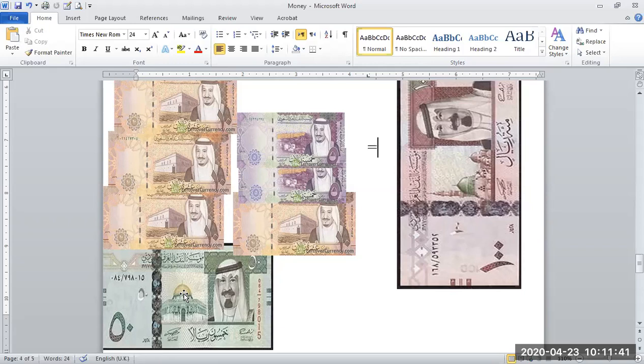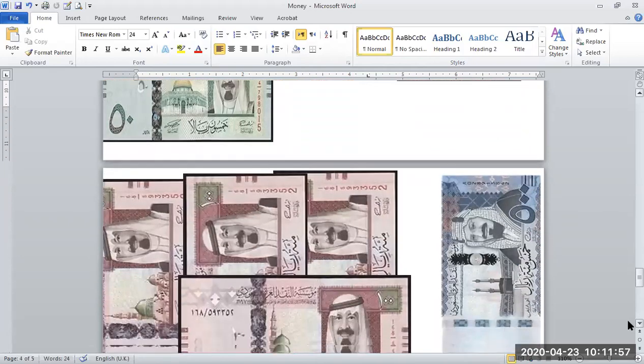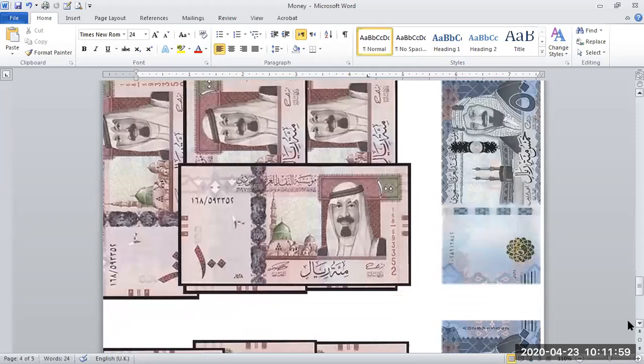This is 100 riyal, and also you can use here 50, 50. Two notes of 50, this is also 100. I give you examples here only. Okay, if you have another note, you can use it, and you can make it equal to 100.